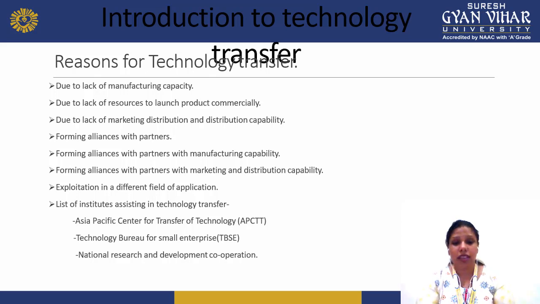Other than that, TBSC is a very common institute, that is the Technology Bureau for Small Enterprises. They also assist technology transfer. And last is the National Research Development Corporation. This is also there for the assistance of technology transfer.